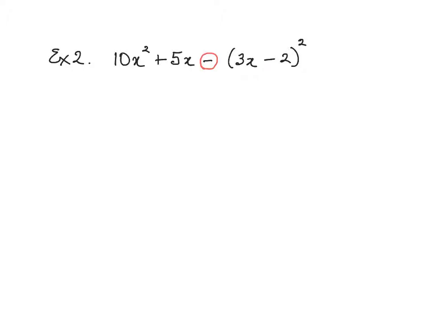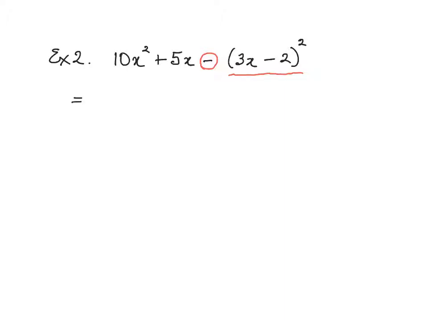This negative sign will affect everything that we get when we expand this pair of brackets here. We have to be very careful. We don't need to worry when we have a positive before the brackets as we had in the first example, but we certainly need to worry about the negative.